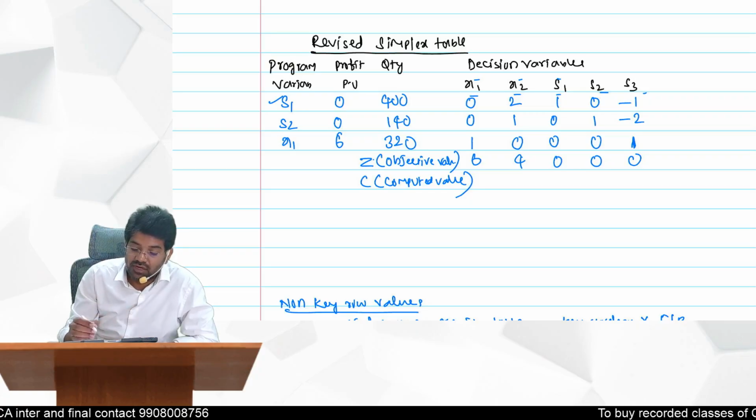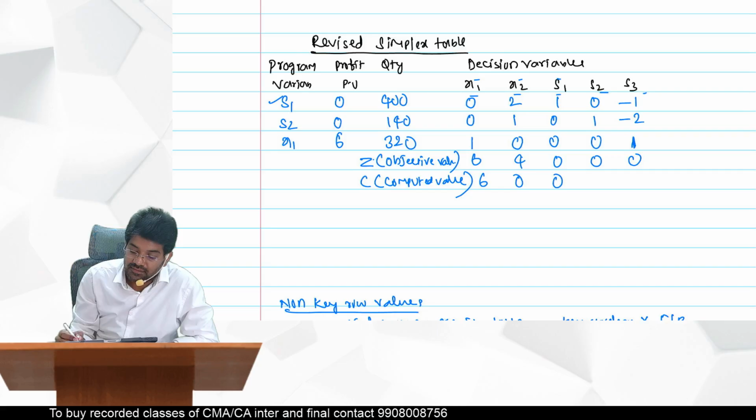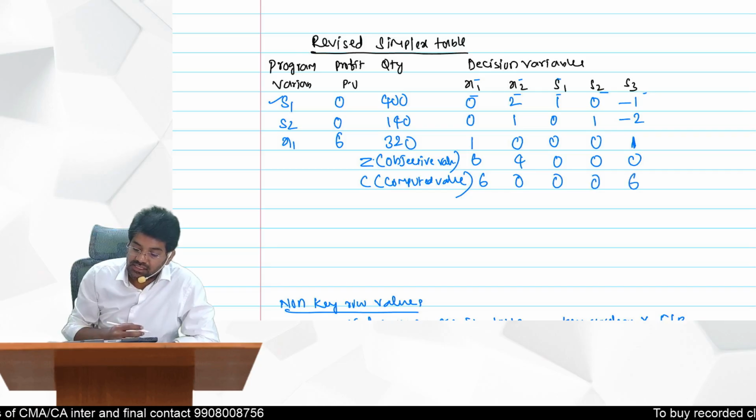First profit per unit into x1: 0 into 0, 0 into 0, 1 into 6, summation 6. 2 into 0, 1 into 0, 0 into 0, so 0 only here. 1 into 0, 0 into 0, so 0. Then 0. This is 6.